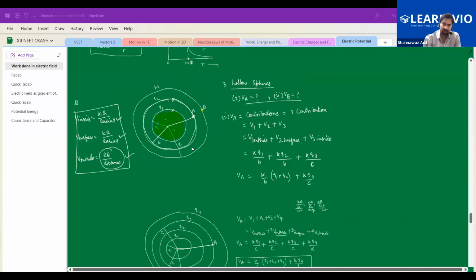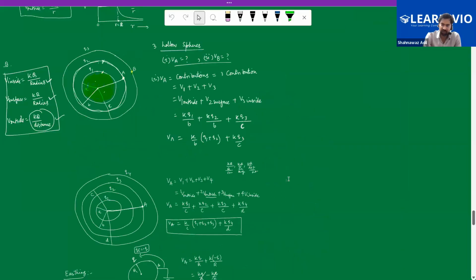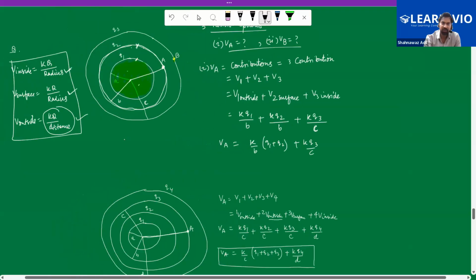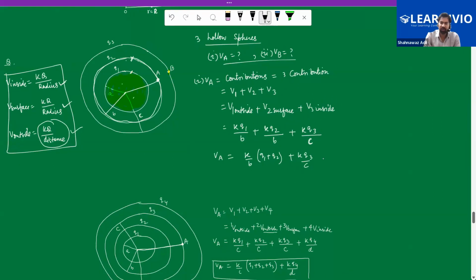Right, so you just note down this part and then we will talk about the other things. Then we'll calculate the potential at B. So first you note down the potential at A. If you have any doubt, please tell. Just note down up to this point and then we'll calculate the potential at B. Quickly note this thing down.